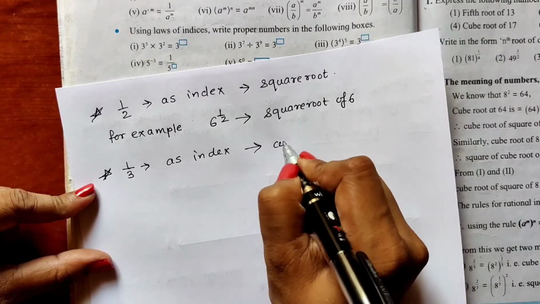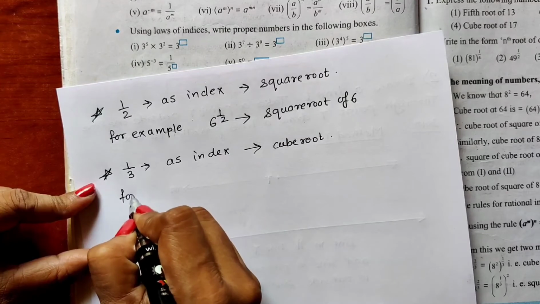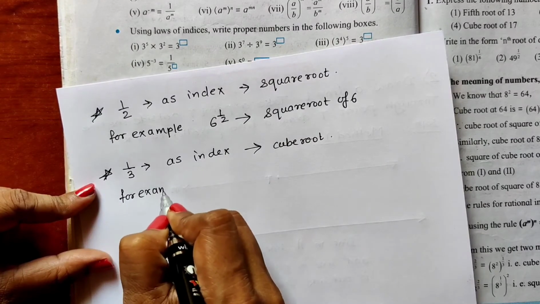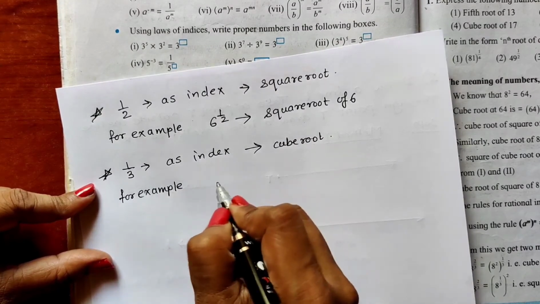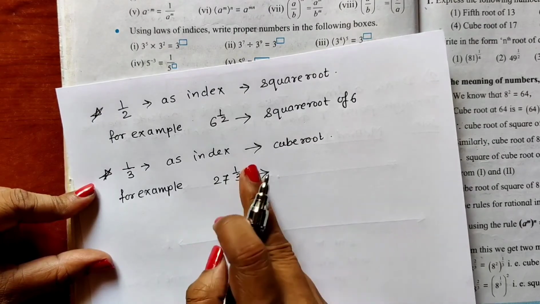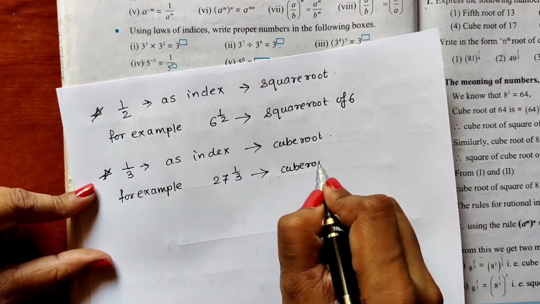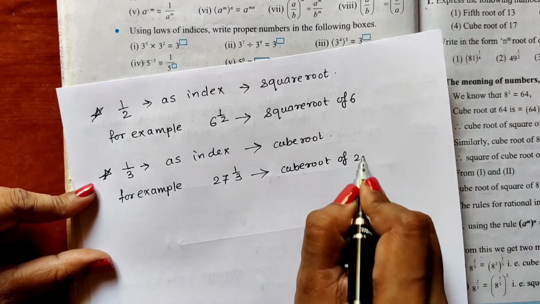Cube root. For example, cube root of 27 can be written like this: 27 raised to 1 upon 3. This is cube root of 27.